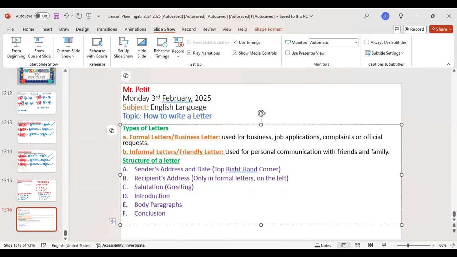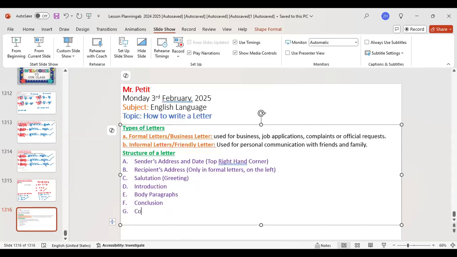Signature. Before the signature, we need the closing. Yours truly, yours sincerely. What do we call that? Salutation? That's not a salutation.